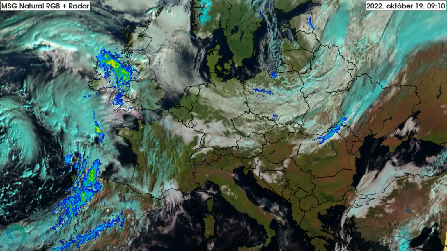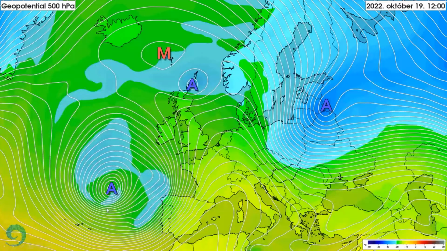So let's see some forecasted charts. Here are the 500 geopotential charts. So we can see two big low pressure systems. The first one is here, the second one is here, and in the middle of Europe there is a ridge.